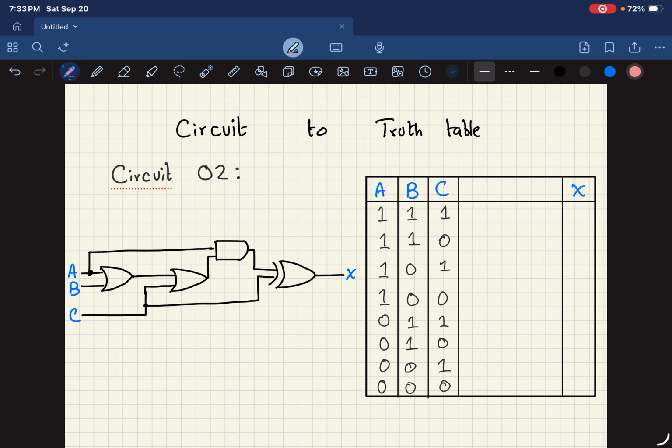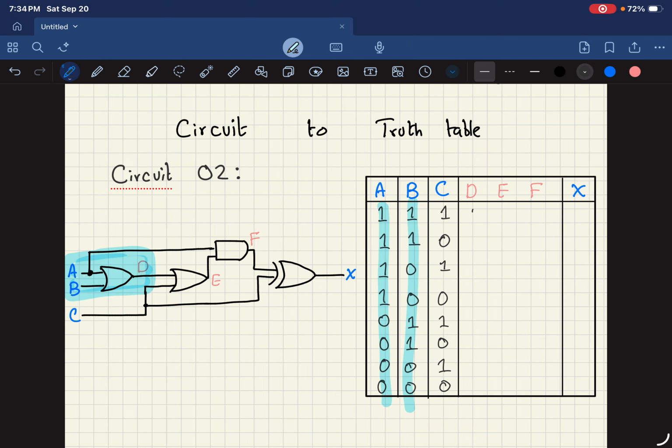Now again we will do the same thing, which is to focus on one gate at a time. The first gate that we have starting from the left side is this gate over here, which, as you can see, is the OR gate, and the input it's getting is A and B. And it's the OR gate, so let's just produce all of the outputs for this. Remember, an OR gate gives out a 1 even if one of the inputs is 1.